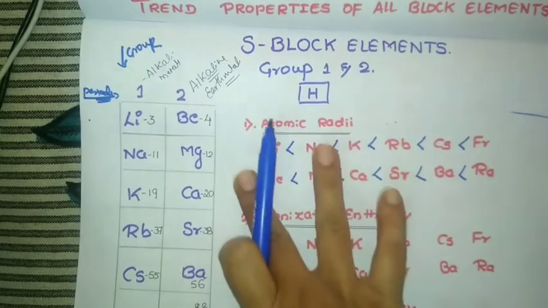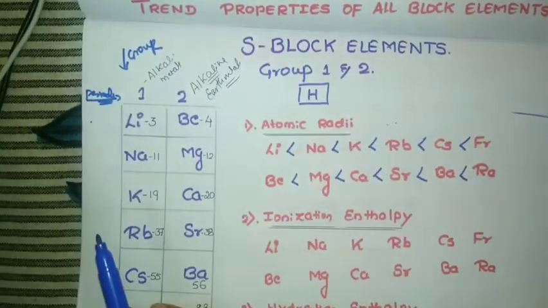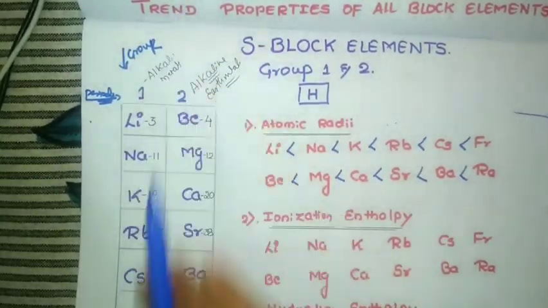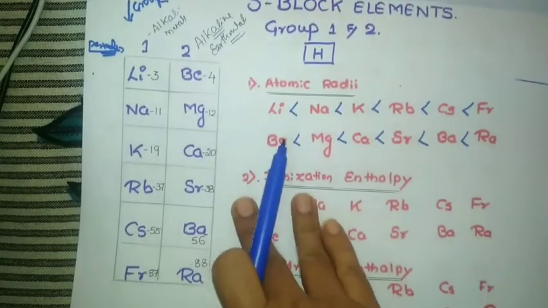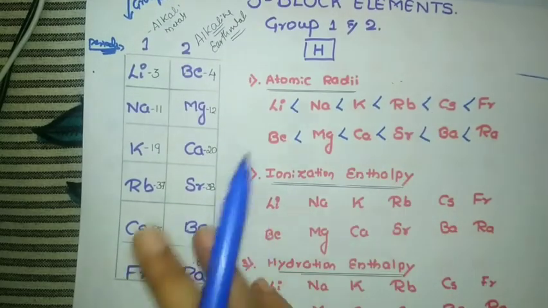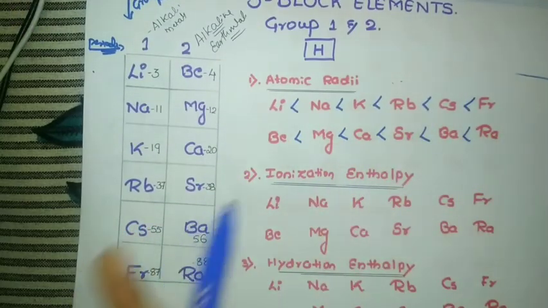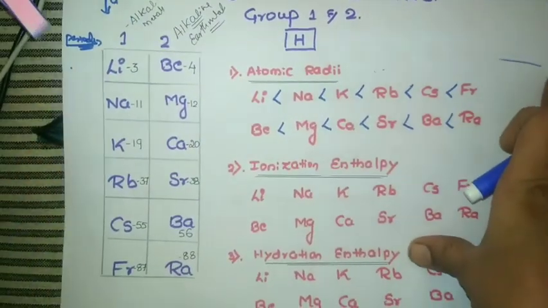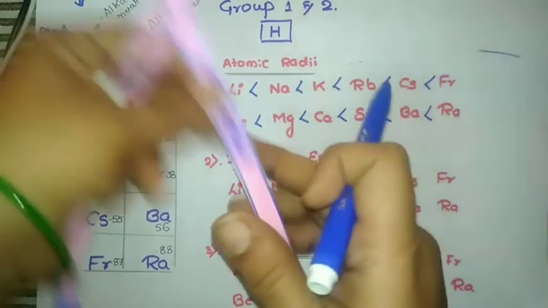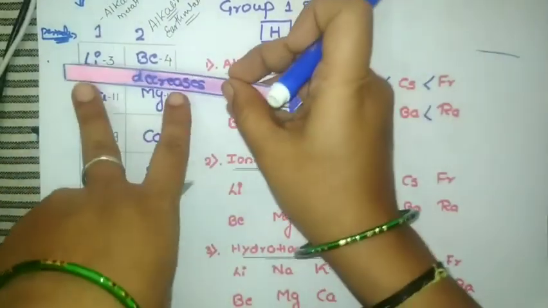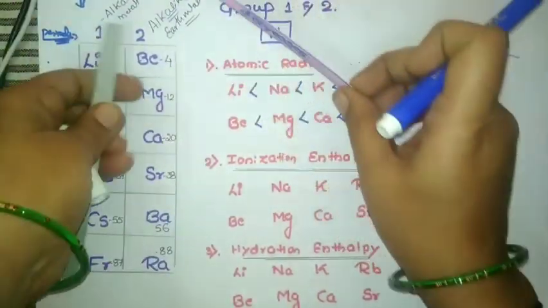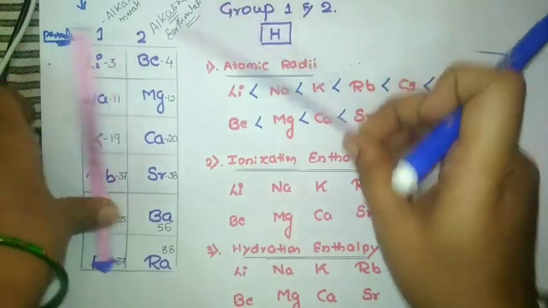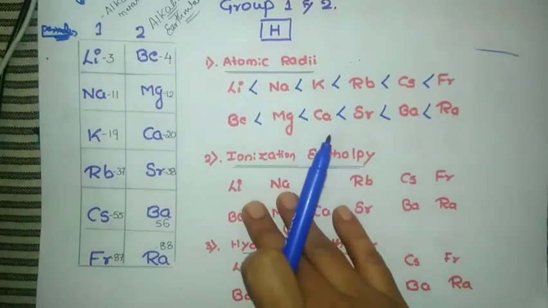Repeating: along a period the size decreases, and down the group the size increases. That is about the atomic radii.